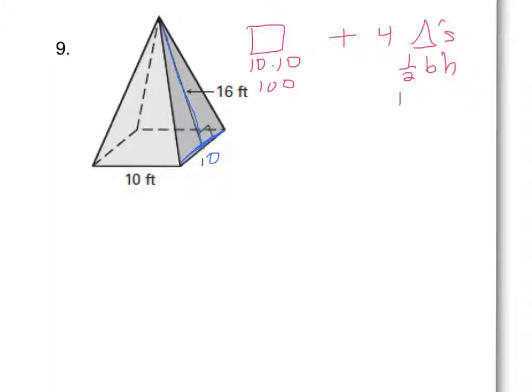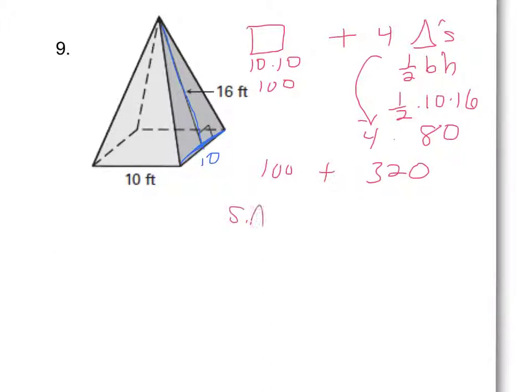So 1/2 times 10 times 16. Now if you just multiply those, you get 80. But the fact is we have 4 of those triangles. So 4 times 80 is 320. And then if we bring down the 100 from above, that gives a total surface area of 420 square feet.